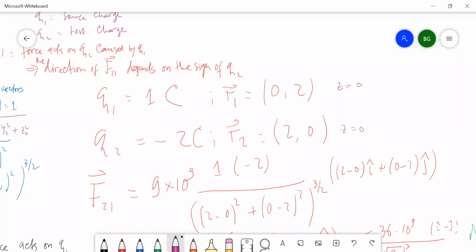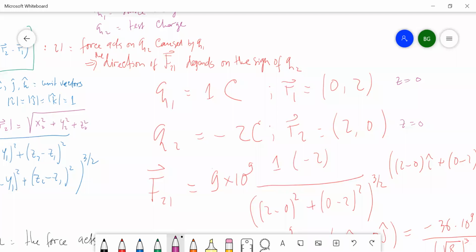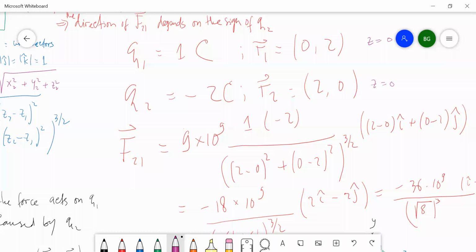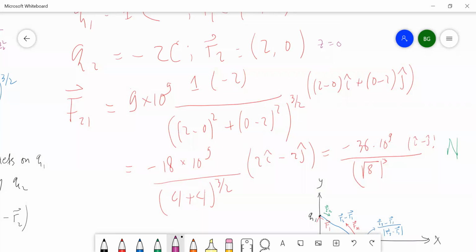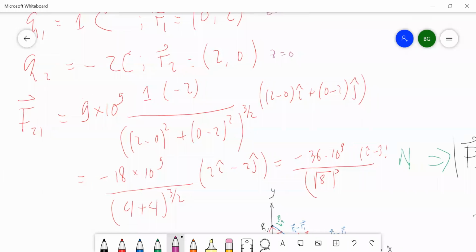If we insert this information, Q1, R1, Q2, and R2, we will have F21, the force that acts on Q2.